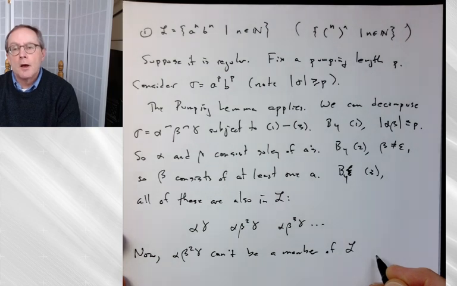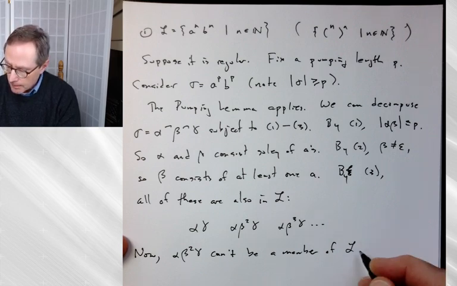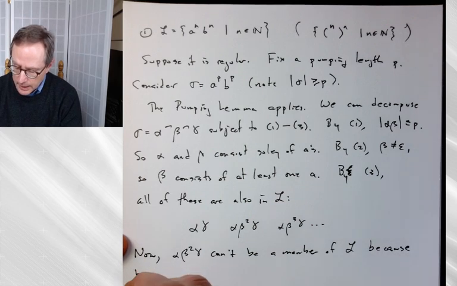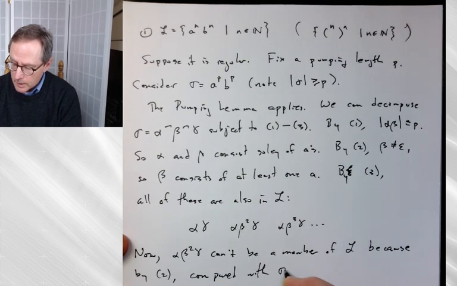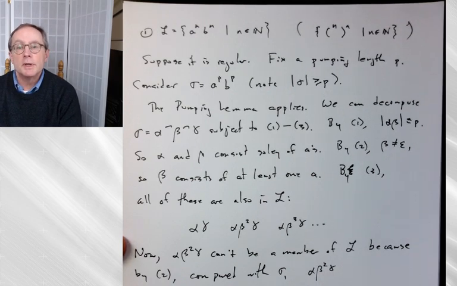Because by conditions 1 and 2, when you add a beta, compared to sigma, you're adding a's, but no b's. Alpha beta squared gamma has additional a's, but no additional b's.